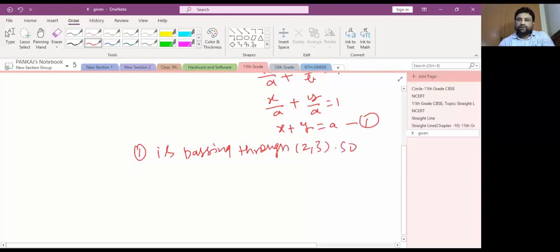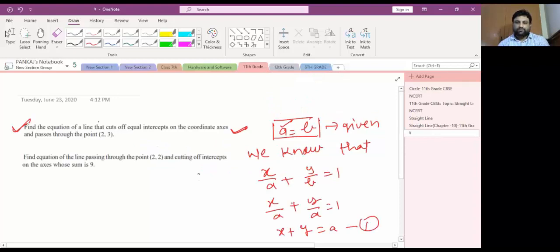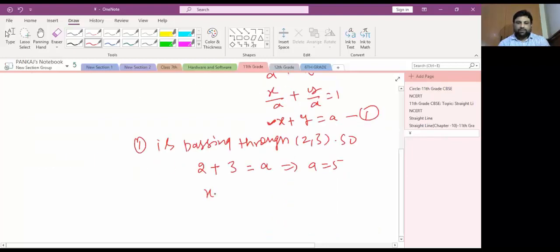So definitely this equation will satisfy the point (2, 3). We can substitute: in place of x we write 2 and in place of y we write 3. In this way we get A is equal to 5. We substitute this value here, so it becomes x plus y is equal to 5. This is the final answer, which cuts equal intercepts from the coordinate axes.